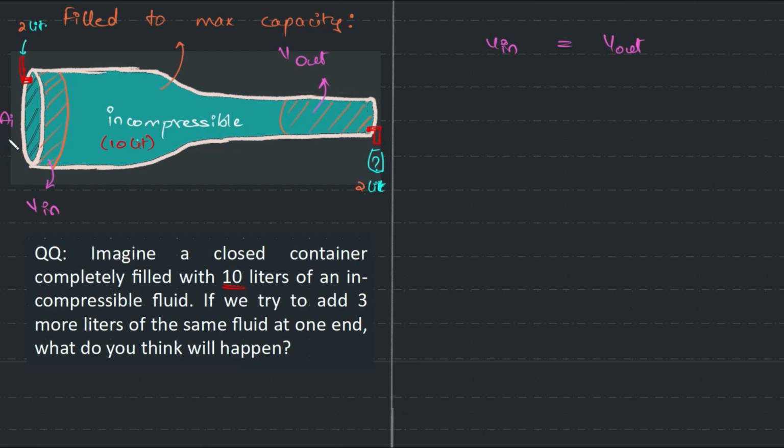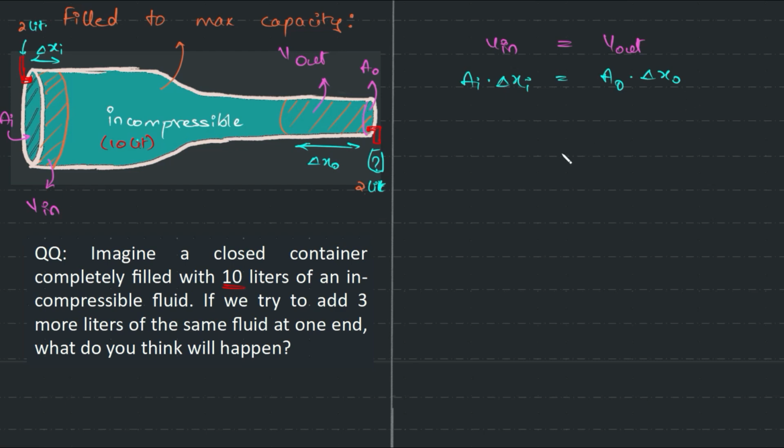Let me put it here, AI, and this is AO. These are your areas of cross section. If AI and AO represent the area of cross section, we have AI times depth, say delta xi, and this is delta x naught. AI delta xi is equal to AO into delta x naught.